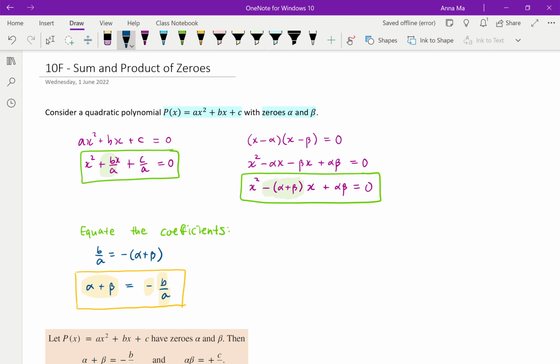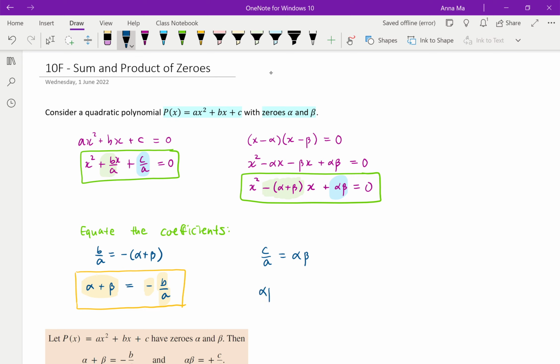Now for the second identity, let's compare the constants together. So the constant on the left-hand side is c over a, and the constant on the right-hand side is alpha beta. And knowing that they're the only constants in the expression, I can say that c over a must be the same as the constant over there.